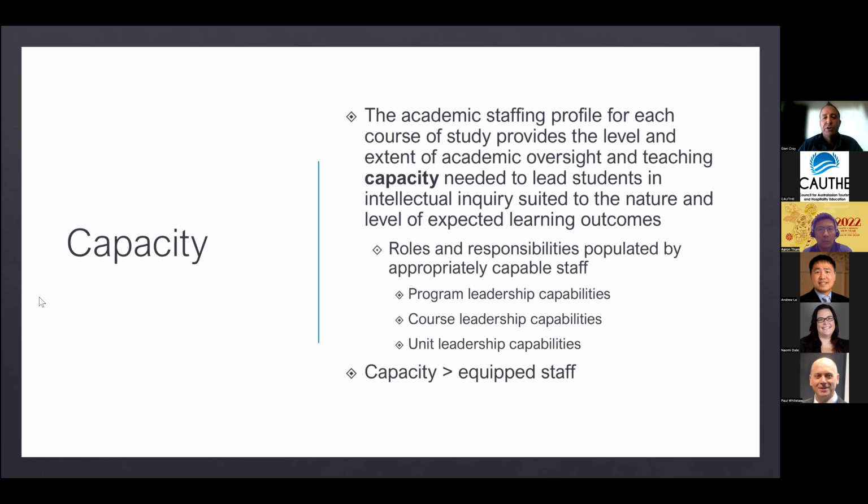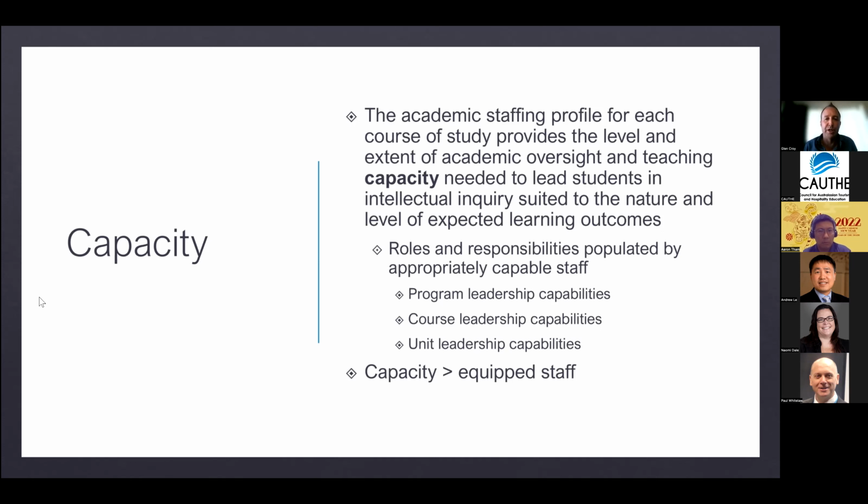So what we're talking about here is the roles and responsibilities populated by appropriately capable staff, within our program leadership roles, our course leadership roles, and our unit leadership roles. So do we have the capacity? Generally this capacity is dependent upon what we call the equipped staff. This leads on directly from what Paul and Aaron were just highlighting as to seniority within an institution to take on responsibility.